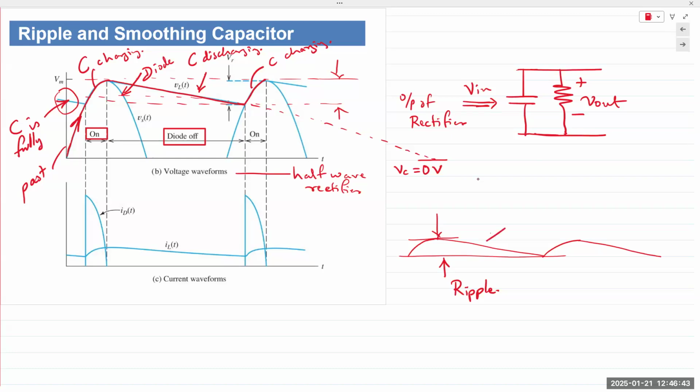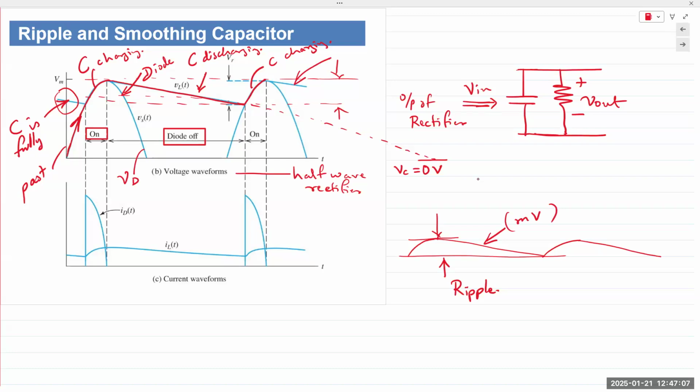And compared to the size of the actual waveform, this ripple is typically in millivolts. Very, very small. Okay. So this was the original diode voltage right here. And this is the output voltage. Right there. Quite a big difference.